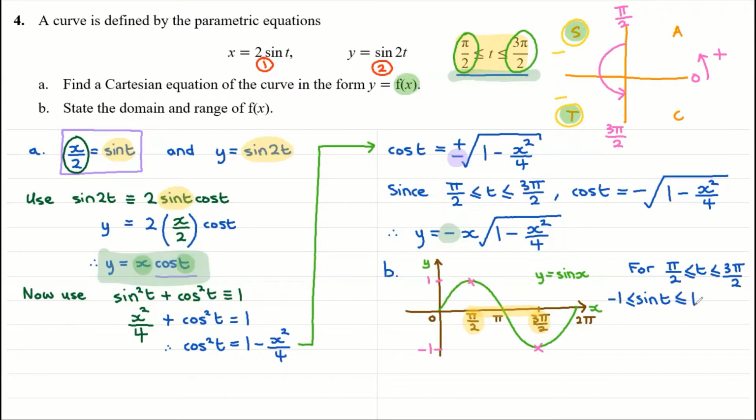And if that's the case, just by doubling everything, therefore multiplying everything by 2 will give us this. And the reason I've multiplied everything by 2, of course, is because we have 2 sine t there, 2 sine t here, which corresponds to x. So therefore, -2 up to and including 2 is our domain.